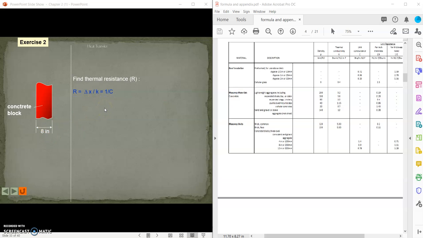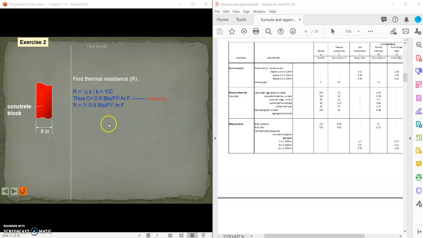How we can get the 0.9 here is because of the thickness. Just under the face brick there is concrete block, and the thickness of the concrete block is 8 inch. So the C is 0.9 here.